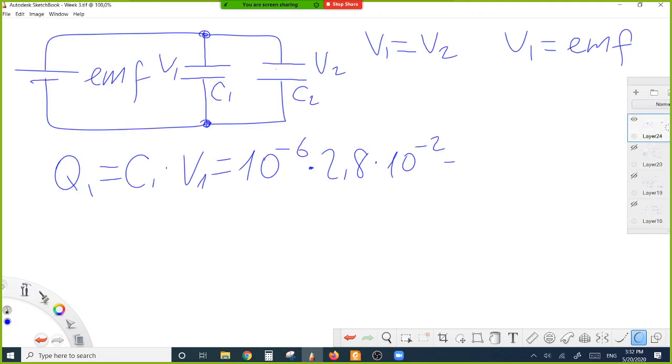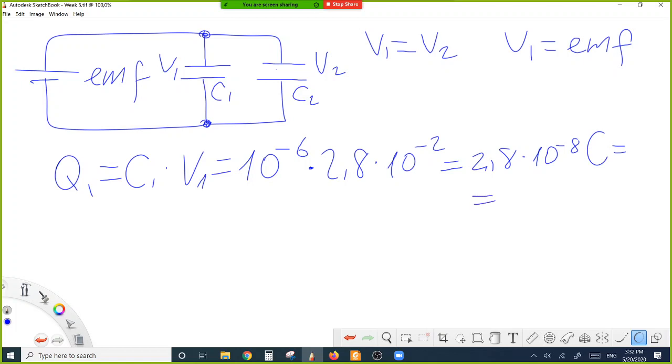And we have 2.8 times 10 to minus 8 coulomb, or 28 nanocoulomb.